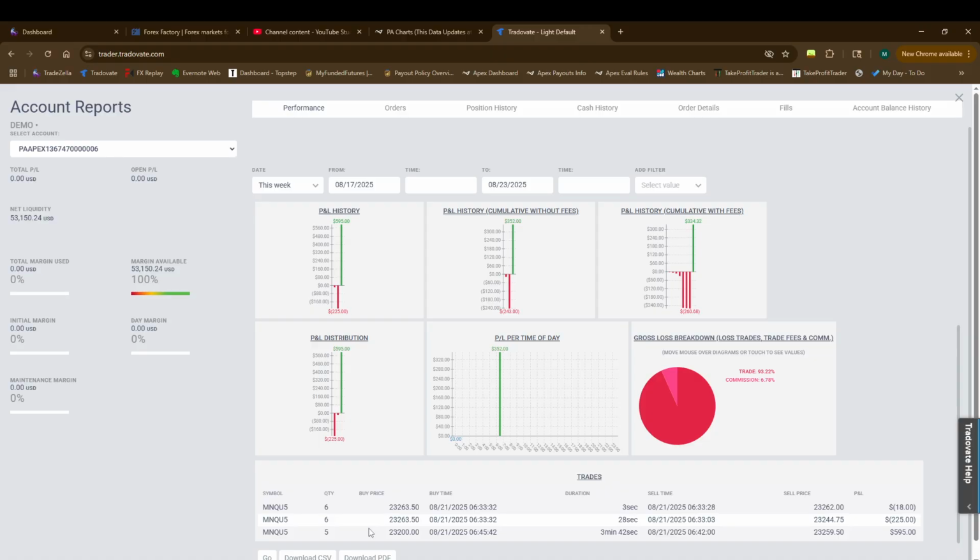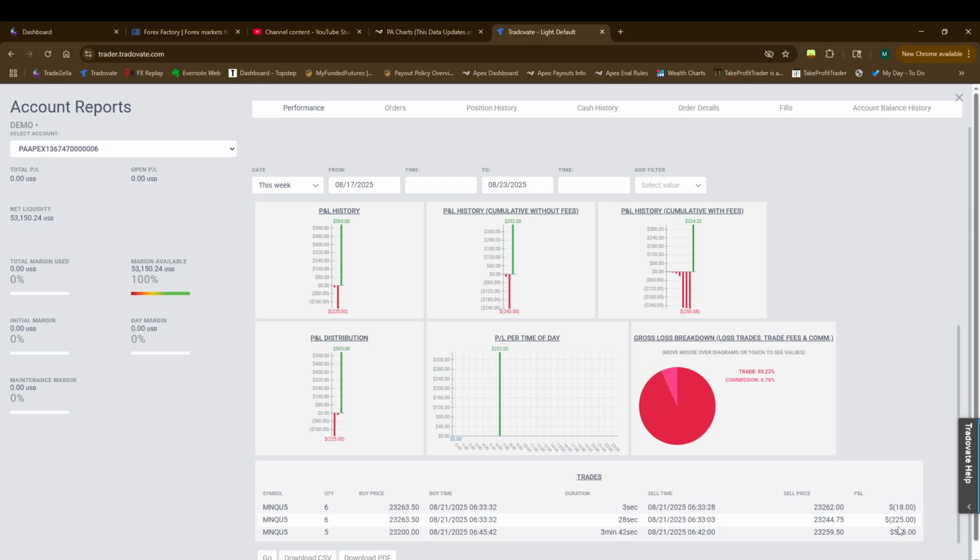So that's a user error, but I caught that right away, and I took about a $20 loss, which is no big deal. It is what it is. It was still less than the 0.5% risk per trade on that account by $5.